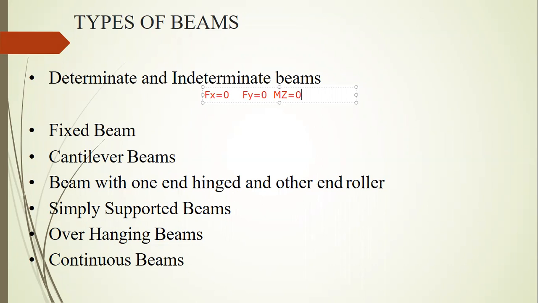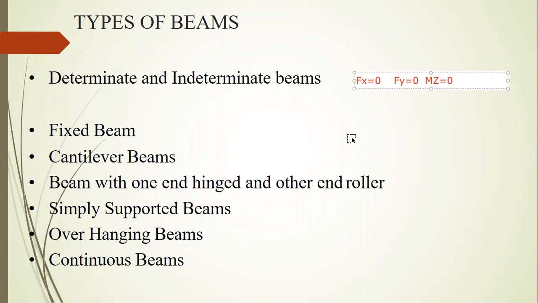Since it is a coplanar non-concurrent force system, we can use three equations of equilibrium. First one is Fx equal to 0, second one is Fy equal to 0, third one is moment about the z axis equal to 0.